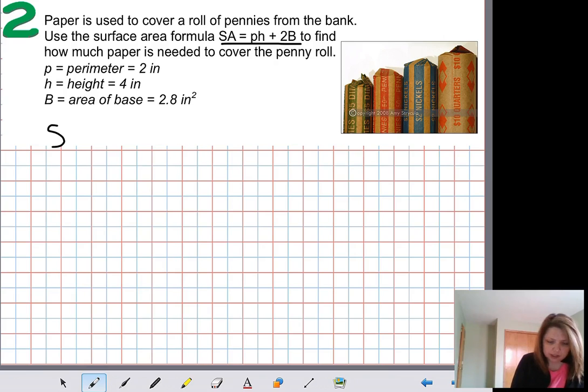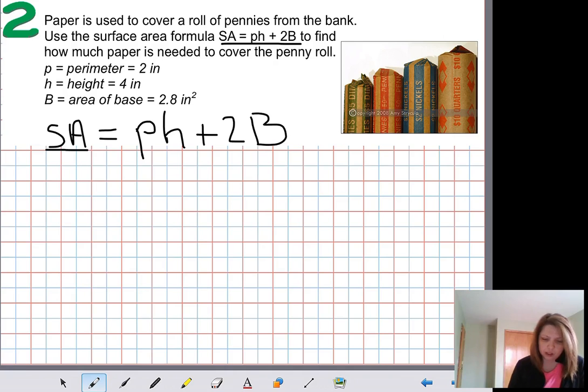Well, the surface area, so SA stands for the surface area, is P times H plus 2 times B. Alright, so we're going to go ahead and substitute all those things, because the surface area of any shape will give us the exact answer.